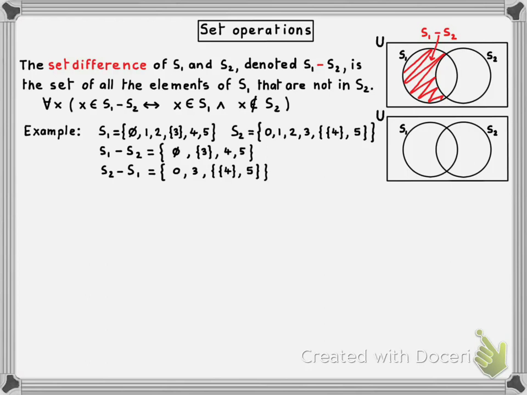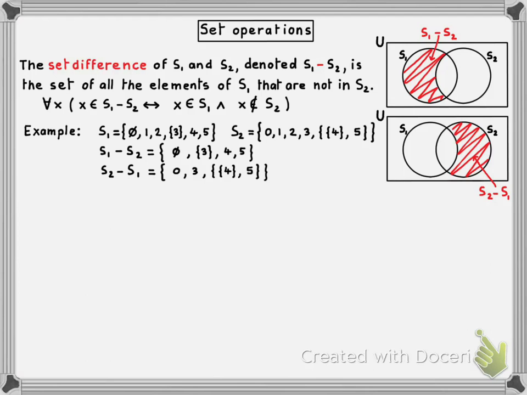These are the elements that are within the circle for S2, but are not within the circle for S1. So in other words, it's the set of all these elements. Let's label them. And clearly, those two sets in general are different.